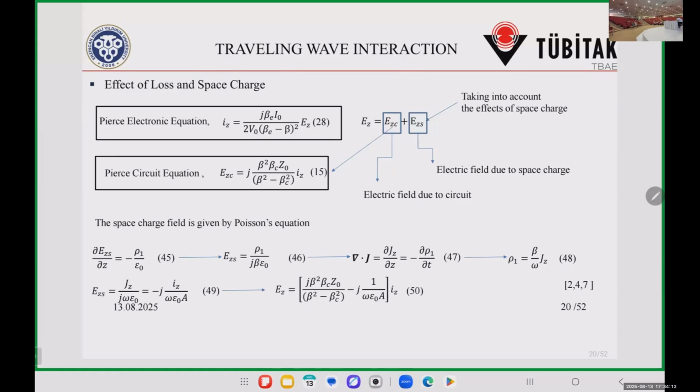If we substitute equation 49 into equation 15, the Pierce circuit equation, then we can write equation 50. So we take into account the effects of space charge here.